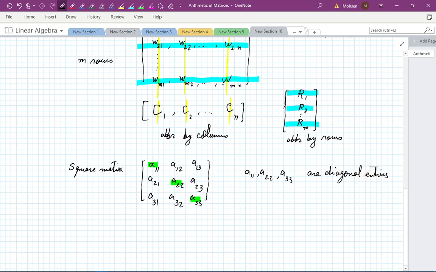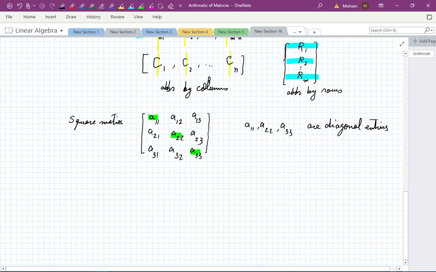Sometimes everything other than these are zeros. Those type of matrices are extremely friendly matrices. They're essentially as close to numbers as we can get in linear algebra, and that is referred to as a diagonal matrix. A diagonal matrix means it is a square matrix and everything off of the main diagonal is 0.